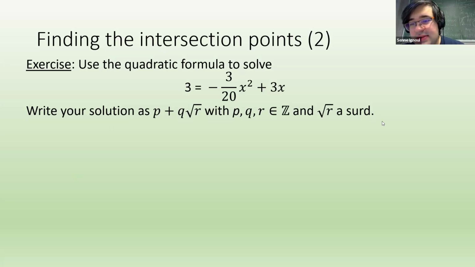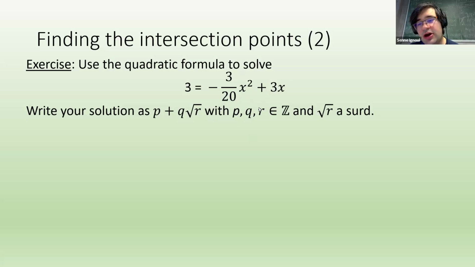What does the Z and the E symbol mean? Good question. So the Z symbol means the integers. Integers are the numbers 0, 1, 2, 3, 4, 5, 6, 7, etc., but also the negative numbers, -1, -2, -3, -4, etc. The E symbol means element of. So P, Q, and R are integers. That's what this expression means.